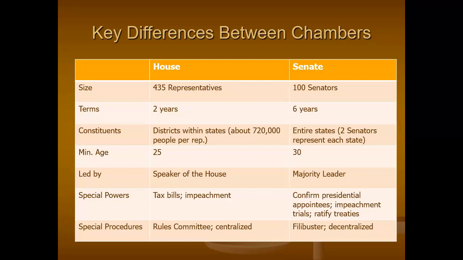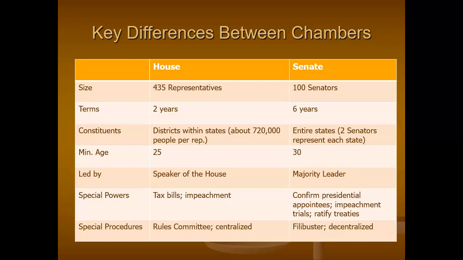The Senate, on the other hand, is vastly different. It's much looser in its procedures and operations, much more decentralized, meaning power is spread much more broadly. So importantly, individual senators have the power of the filibuster, which is the power to block action on the floor of the Senate. A filibuster can only be overcome with a supermajority vote of 60 senators.